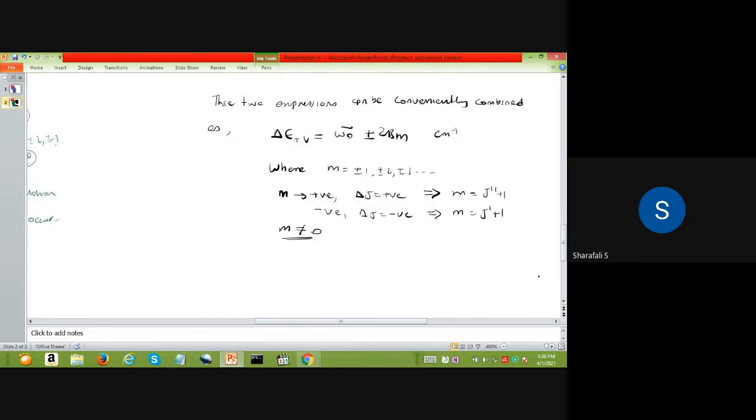So this frequency omega 0 bar is known as the band origin.